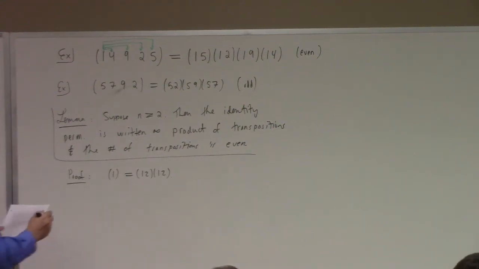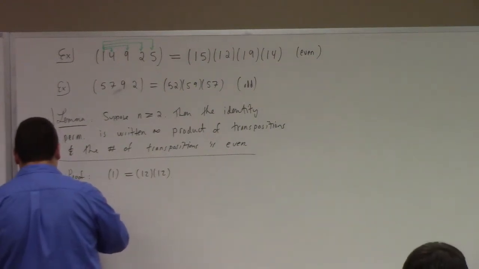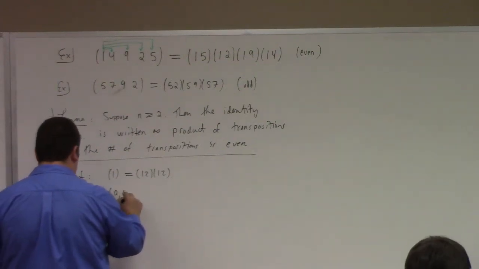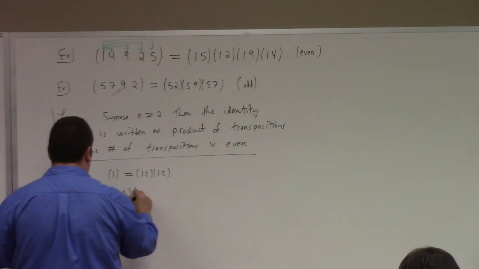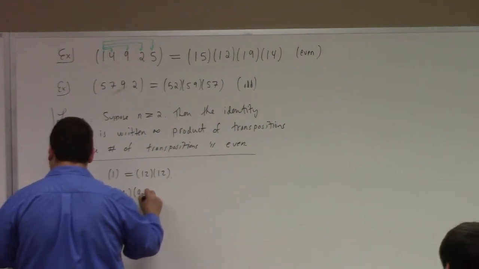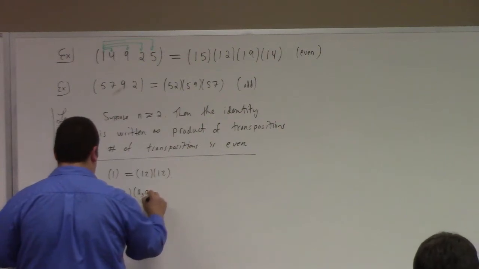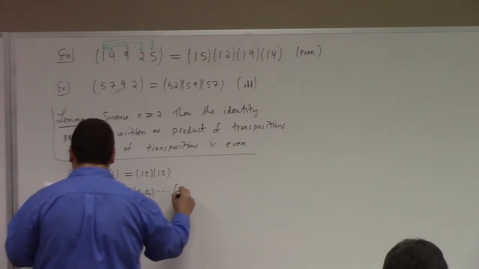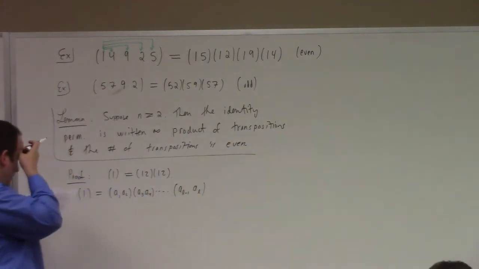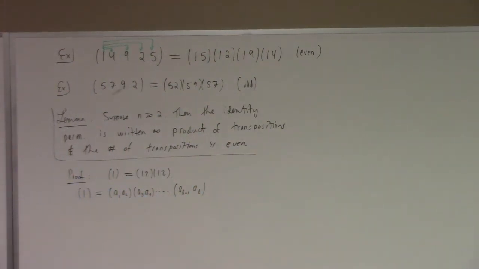So what we want to do then is suppose you've got 1 is equal to, setting my notation here, A1 A2, A3 A4, all the way out to A(L-1) AL. We want to show that there has to be an even number of these pairs. What would that force L to be?